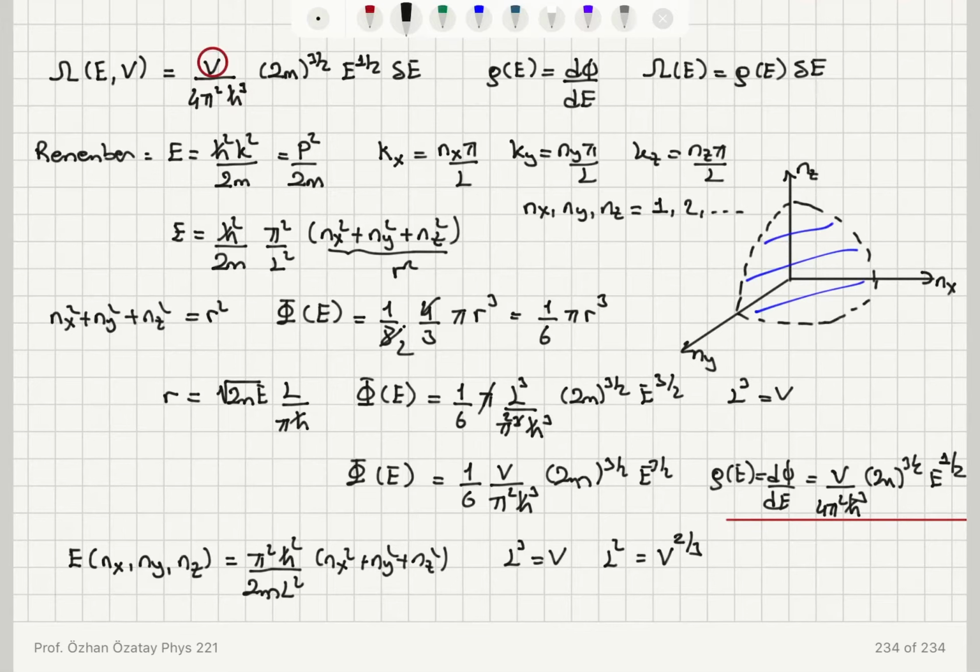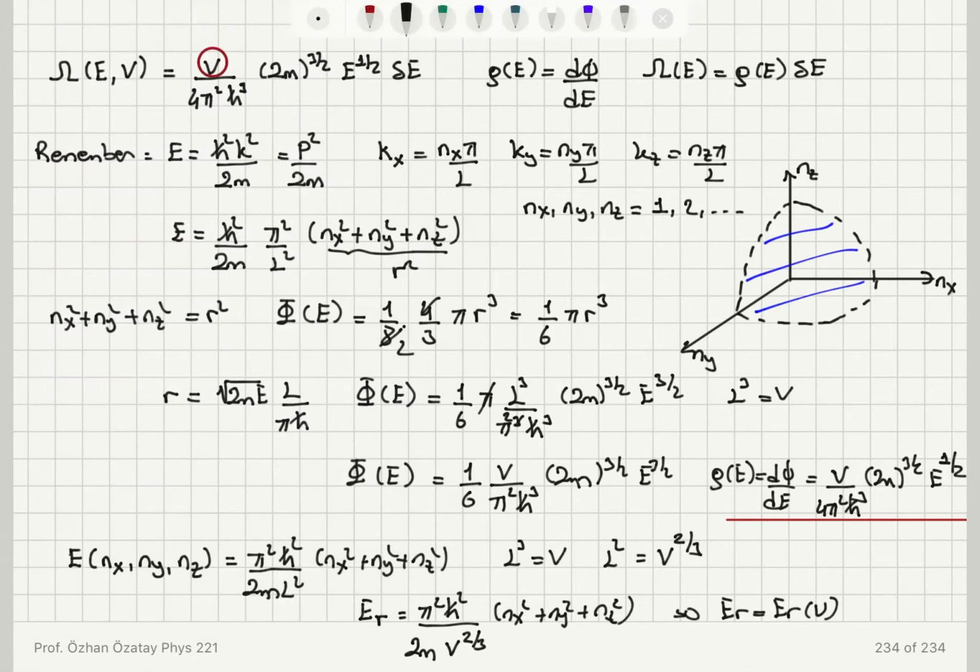So you can see that the energy of the rth state of the system will be pi squared h bar squared divided by 2m V to the power 2/3, nx squared plus ny squared plus nz squared. So we find that the energy levels are a function of the external parameter V.